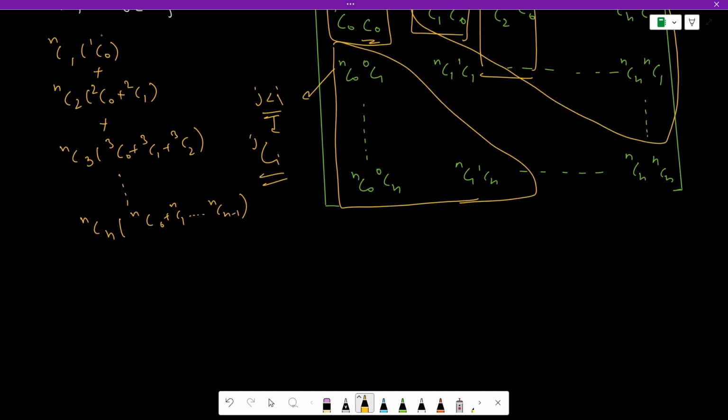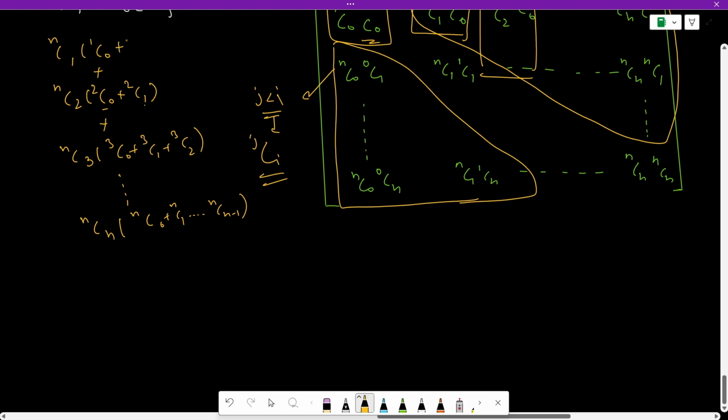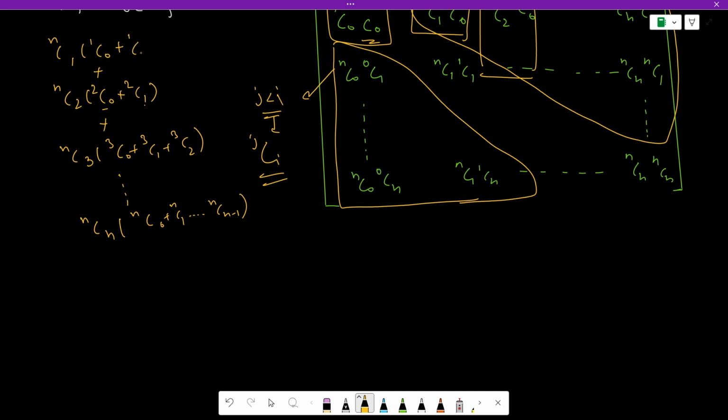Now as you can see these are normal series, but some terms are missing, so we can just add and subtract them. So here 1C1 should be added and we can subtract 1C1.